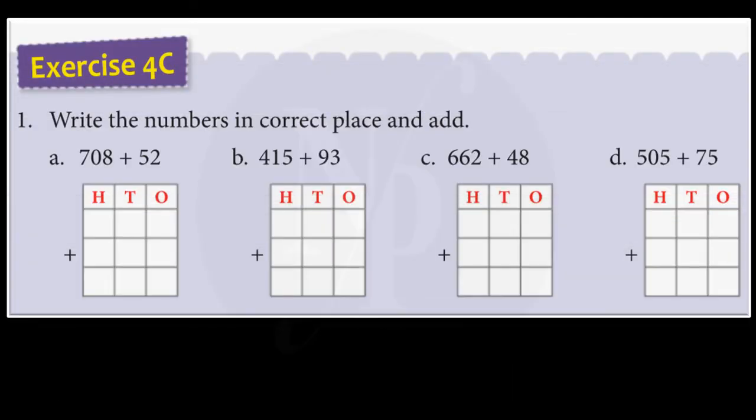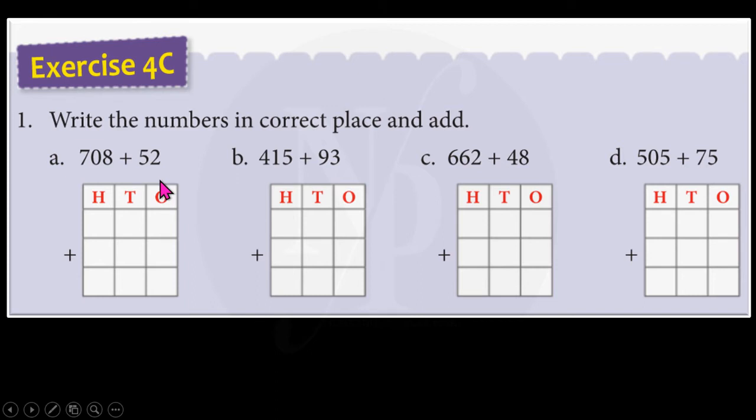Now let us solve the questions in exercise 4C of your textbook. Question number 1. Write the numbers in correct place and add. So here we have 4 questions in the first line, A, B, C, D. The numbers are given here for addition, and these numbers have different numbers of digits.